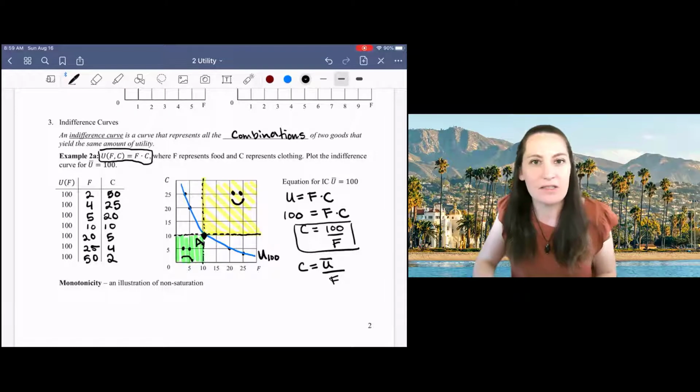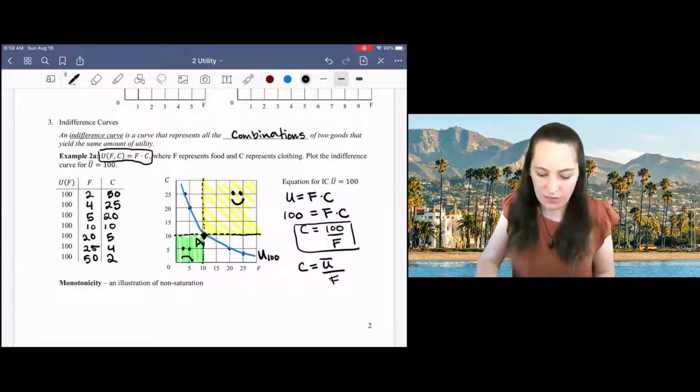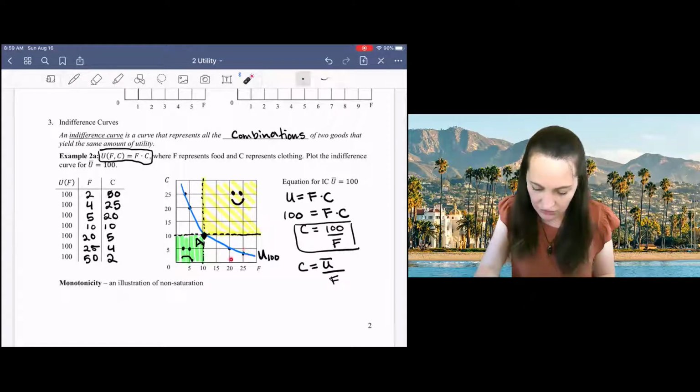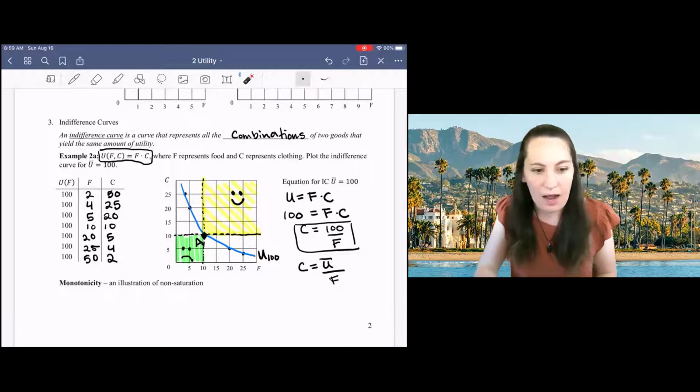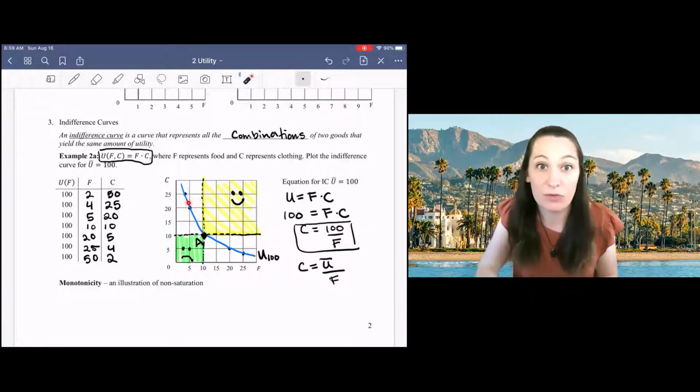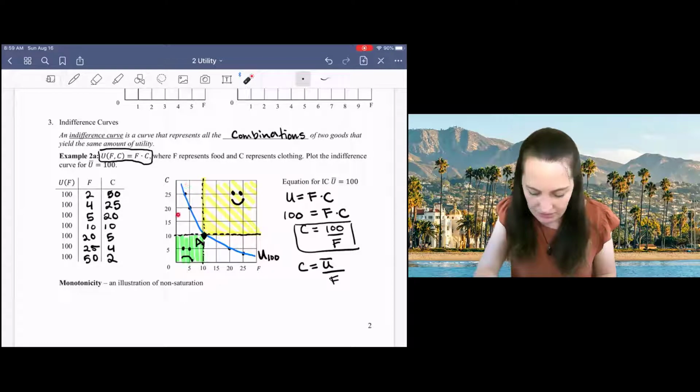And the other two boxes are going to be split, right? Because in those situations, when I move over here or over here, I'm getting, say, more of one good, in this case, more clothing, but less food, right? So as I move to this box, in some cases I'll be happier and in some cases I'll be sadder.